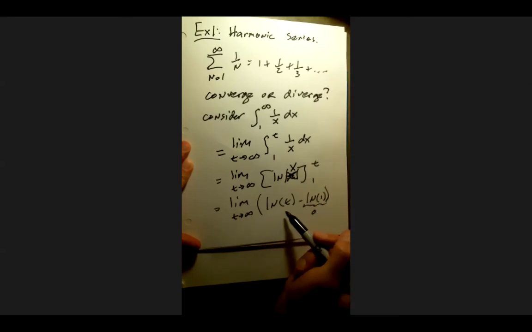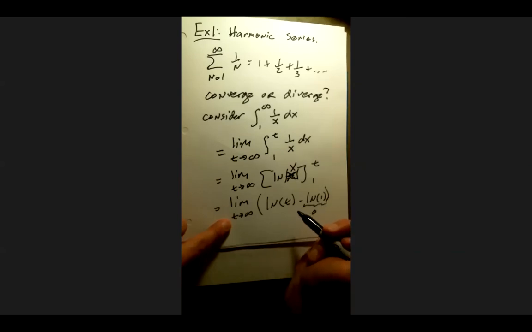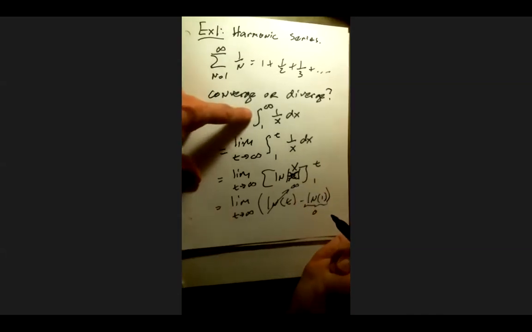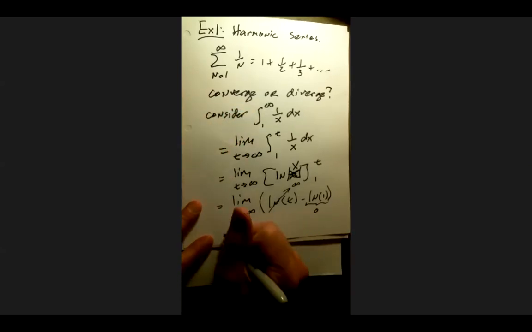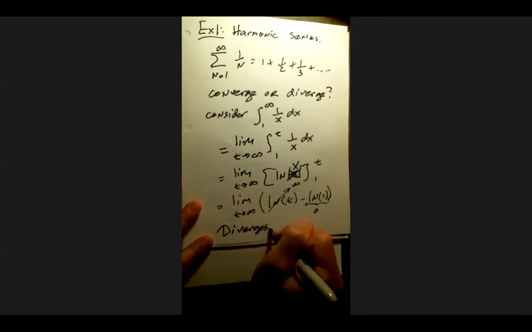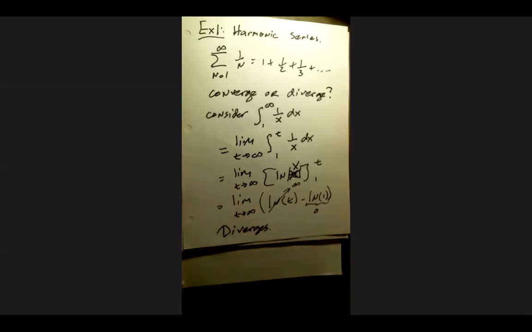And what happens to the ln of t as t goes to infinity? It goes to infinity. So what does the integral do? It diverges. Okay. Yay. So we've done the hard work.